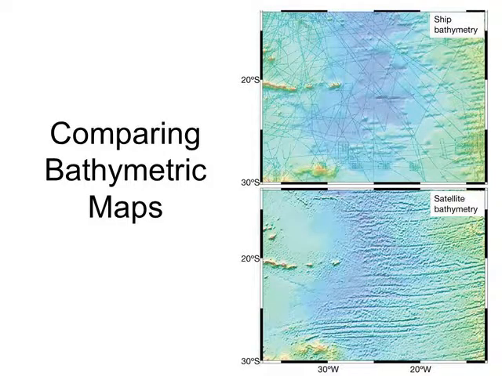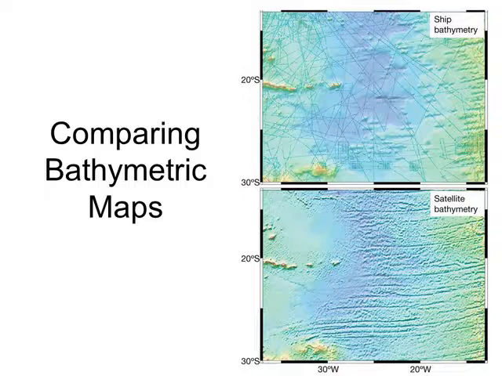So when we look at the two, you can see the top image there is showing you what the bathymetry is like from a ship-based device. And then the bottom image is showing you a satellite topography image. And so both of them, you can see slightly different things going on, right?